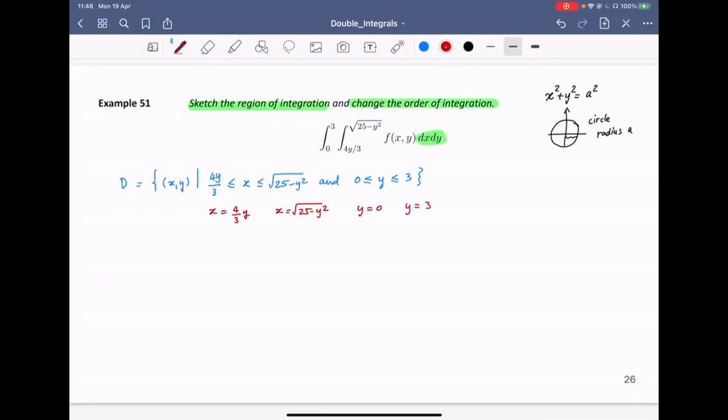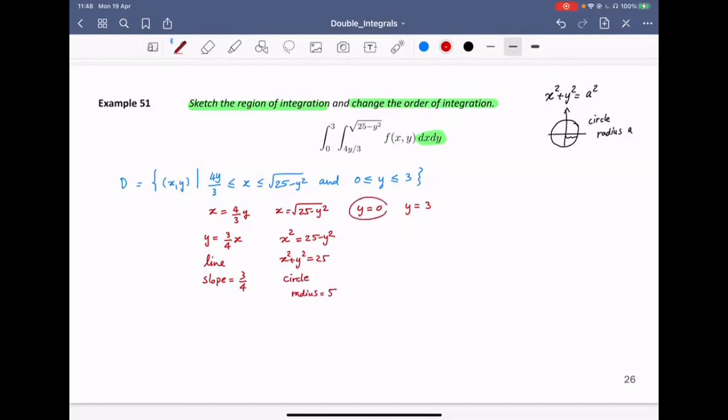We need to put these in the same graph. x equal to 4 over 3 y is the same as y equal to 3 over 4 x, which is a line with slope 3 over 4. x squared equal to 25 minus y squared is x squared plus y squared equal to 25, which is a circle with radius 5.